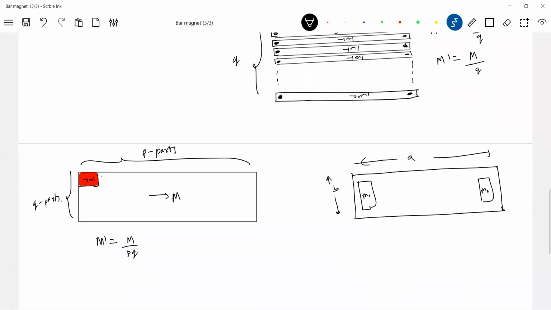What is the dipole moment of 1/4 of the part? This will become B by 2, this will become A by 2. Then the pole strength will become M naught by 2.